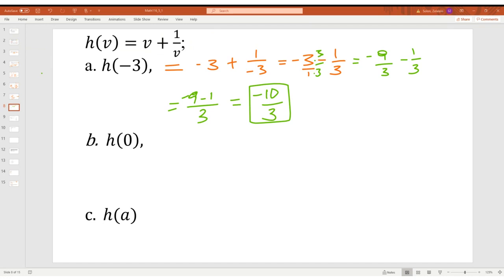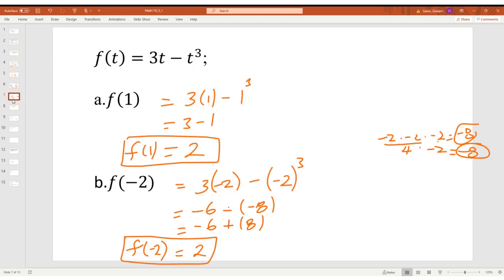Okay, let me go back to the previous slide. So f of -2 means t is -2, and the function value is 2. When you plug in -2, you get 2. Sometimes it happens. f of 2 can be 2. Sometimes you may have a function where f of 2 is 2.